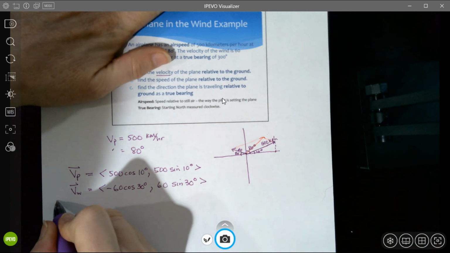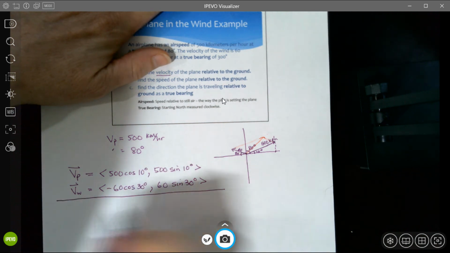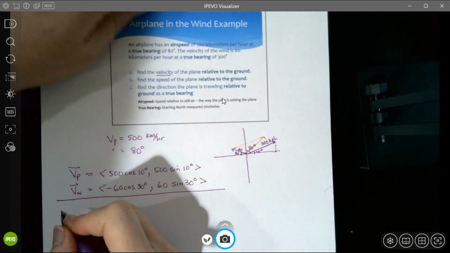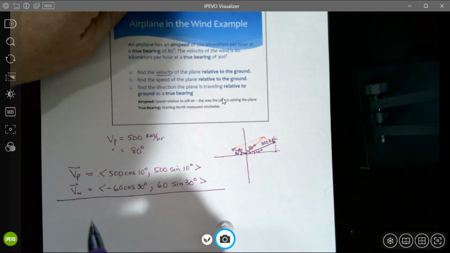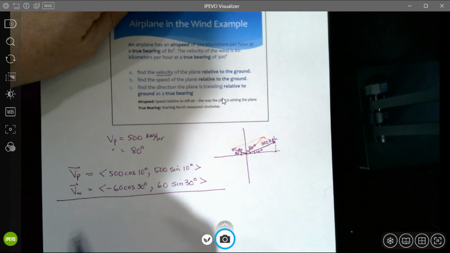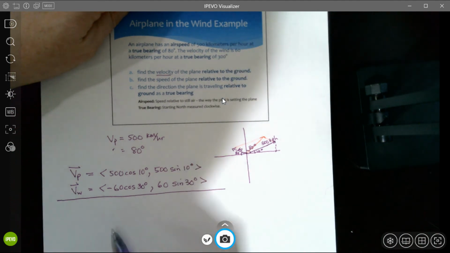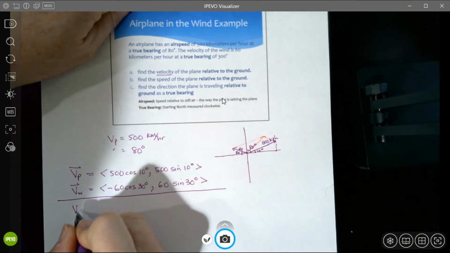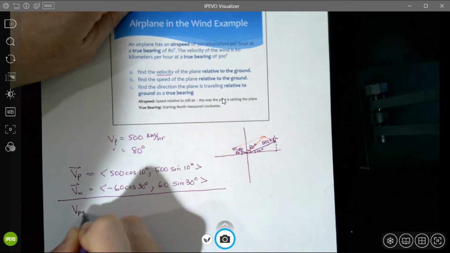Okay, now we're going to add them together to get the velocity of the plane with respect to the ground. In other words, what is it actually doing when we're looking up at it? Okay, well, velocity of the plane with respect to the ground, I'll just say.